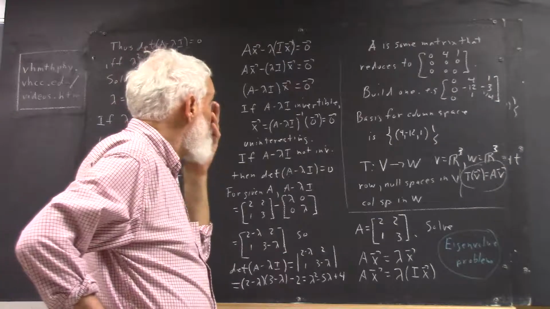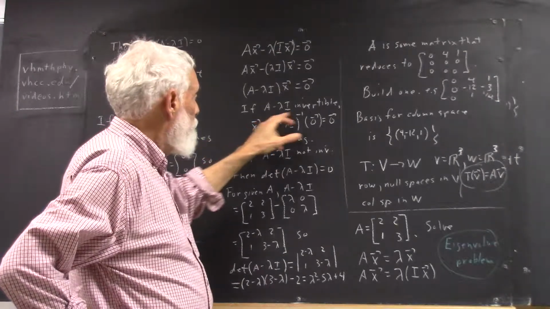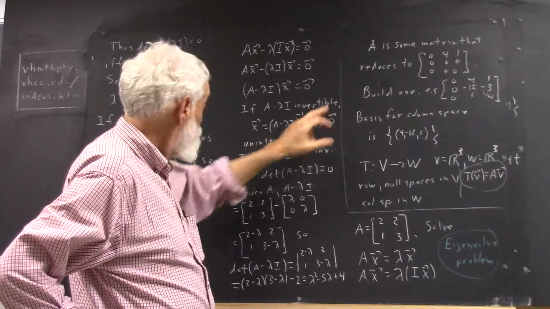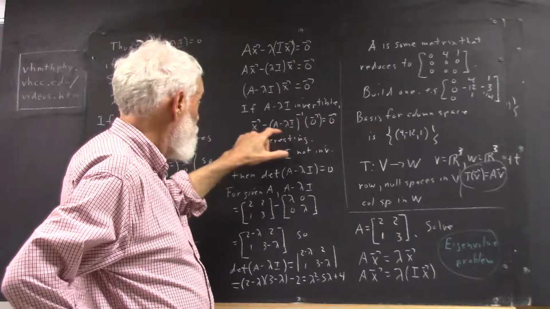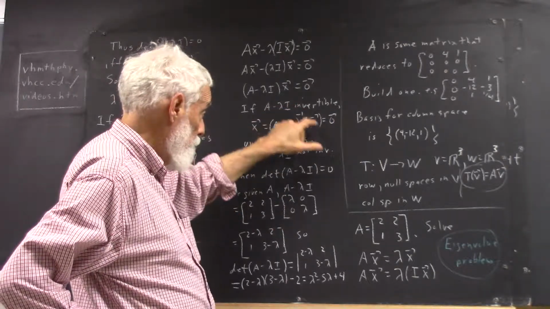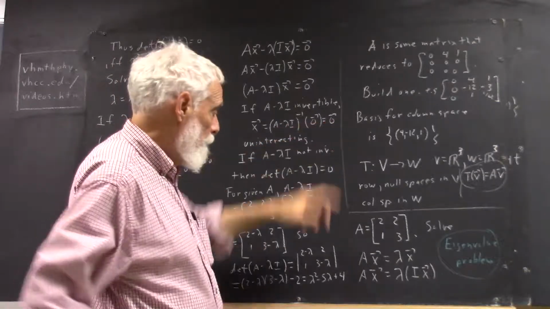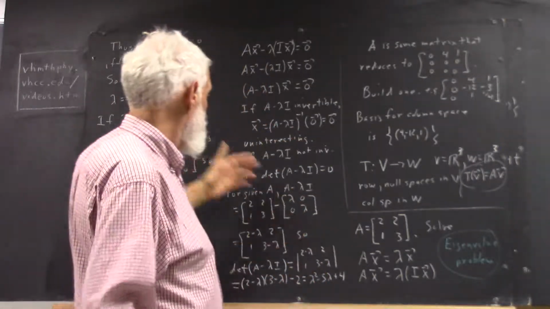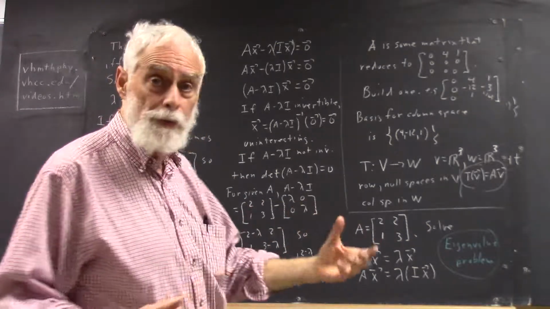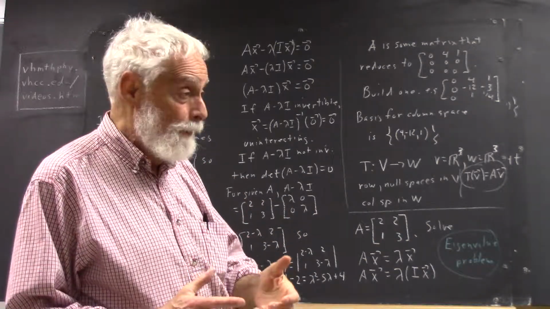Now, if A minus lambda I is invertible, it follows that x equals the inverse of A minus lambda I times the 0 vector, and that's the 0 vector. And that's not of any interest. Uninteresting. It doesn't give us a direction. The 0 vector doesn't have a direction.